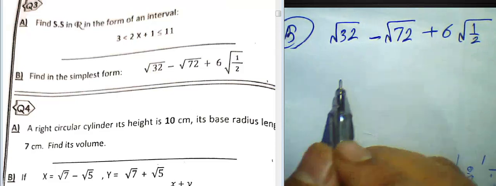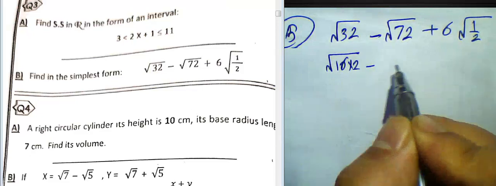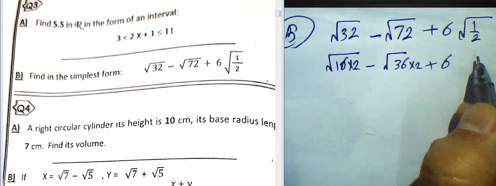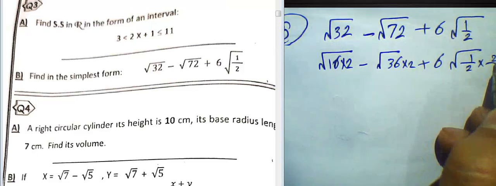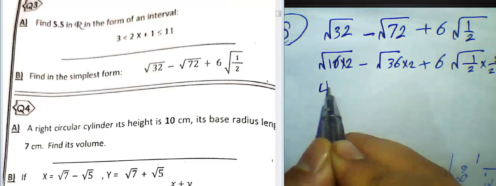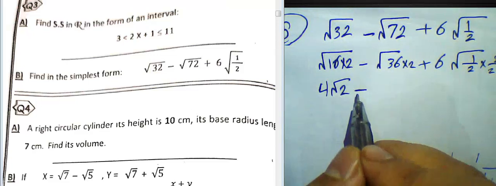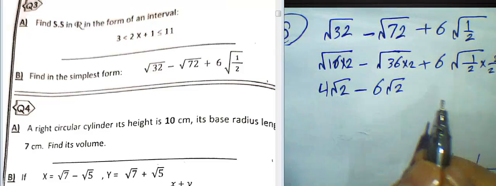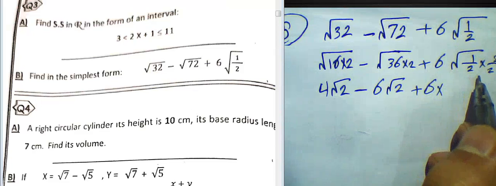We know 32 equals 16 times 2, and 72 equals 36 multiplied by 2, and we can remove the fraction here by multiplying numerator and denominator. Square root of 16 equals 4, so the result will be 4, and write root 2 here under the square root. Square root of 36 equals 6, and we can write root 2 behind it. 6 here, multiply 2 times 2 equals 4.